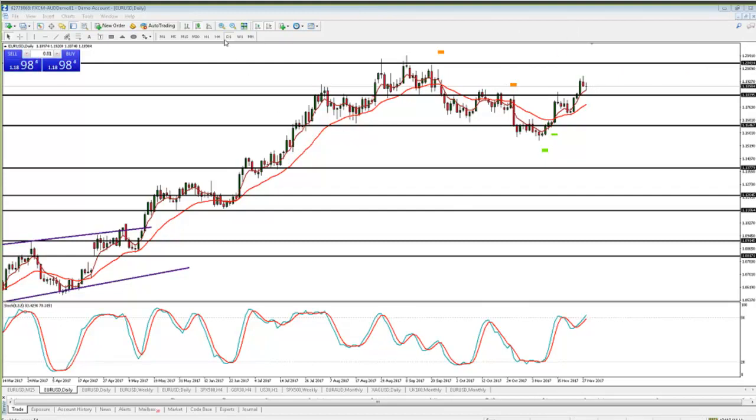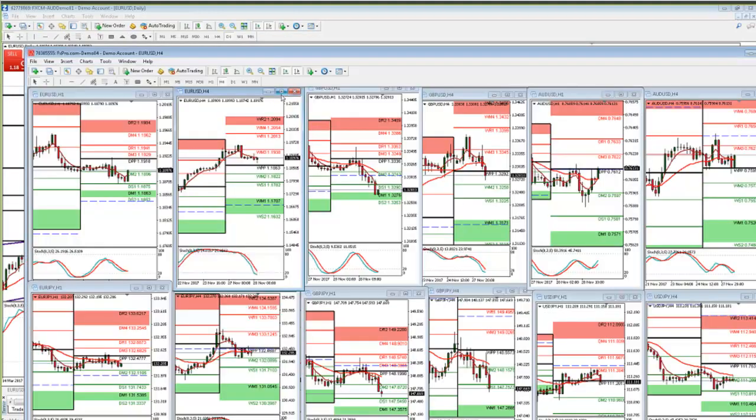So if we look at our weekly pivots this week on the euro, weekly central is at 1860. The 4 hours a little bit down.